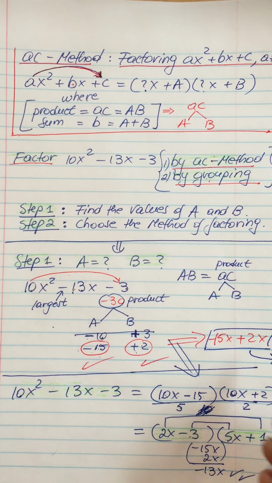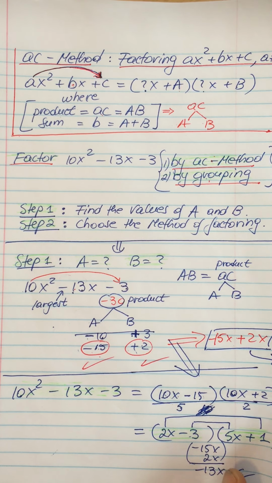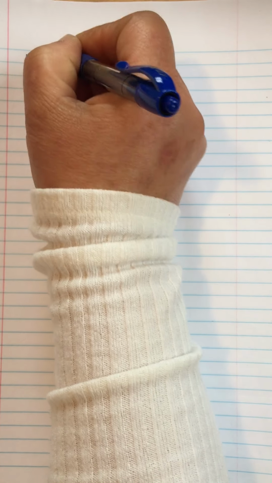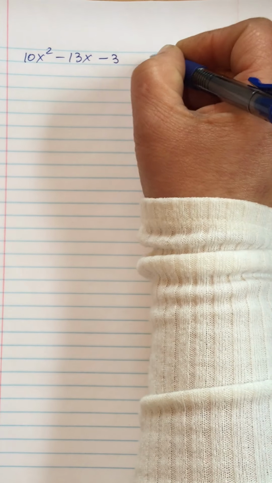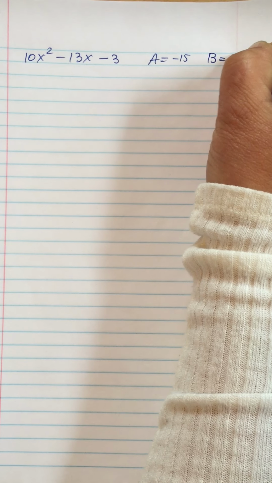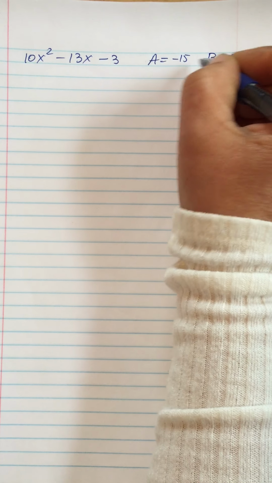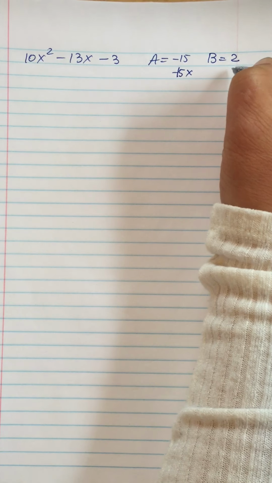So keeping this in mind, I'm going to discuss the grouping method for the same trinomial. So 10x squared minus 13x minus 3. So A was negative 15, B was positive 2. So now for the grouping method, this will be x's.